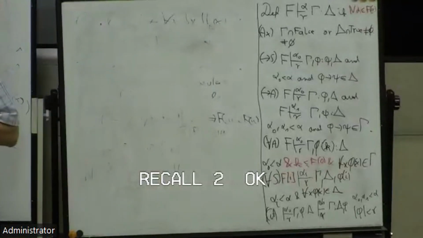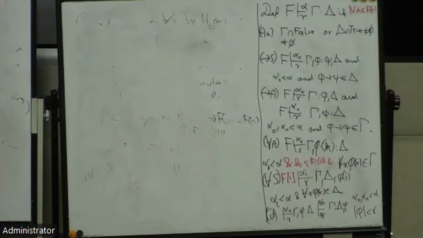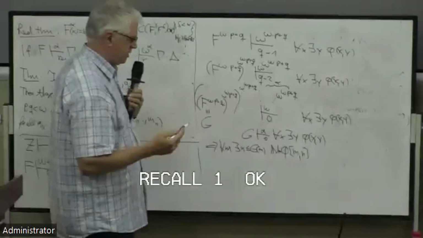But I promised a bit more. I promised to prove something about the Hardy functions. Now we have to find a lemma which shows that these nested iterations can be modeled by the Hardy function.